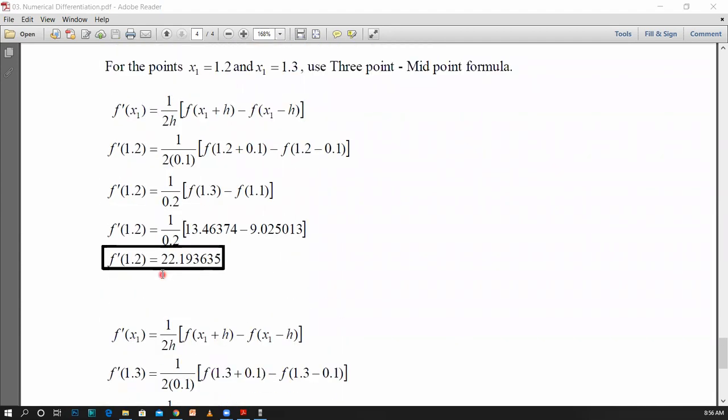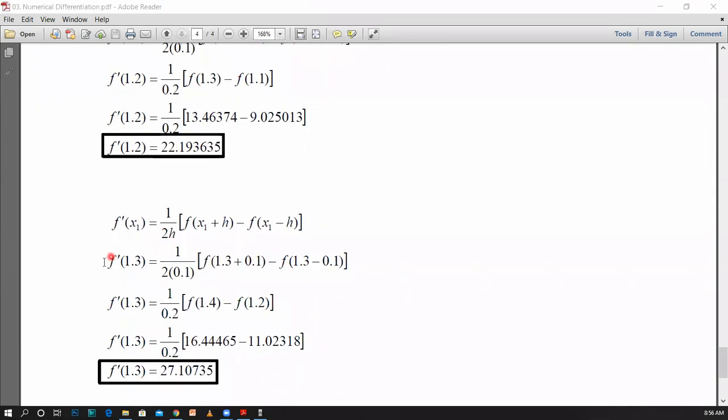Now we need to identify the value for 1.3. This is now our value of x1, which is 1.3. Here I have substituted x1 equals 1.3 and the value of h is 0.1. Performing this calculation using the appropriate substitution, I have obtained 1 divided by 0.2 times f(1.4) minus f(1.2).